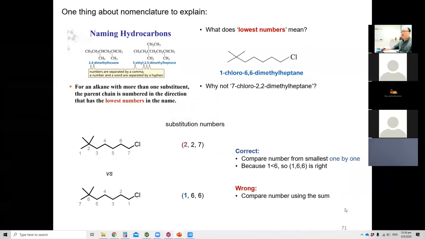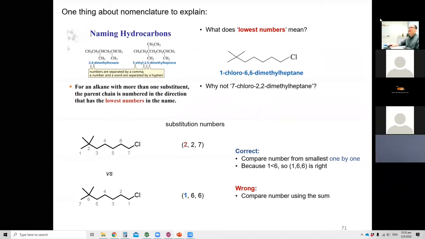You don't compare the sum. The lowest one in this group is 1. The lowest one in this group is 2. Because 1 is smaller than 2, 1,6,6 should be the right one. Sorry, this is a typo. So you can't name this 7-chloro-2,2-dimethyl, because you have to name it with the lowest number among all of these numbers, which is 1. I hope this is clear.